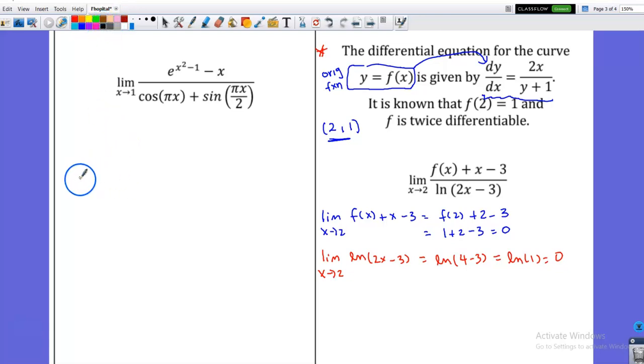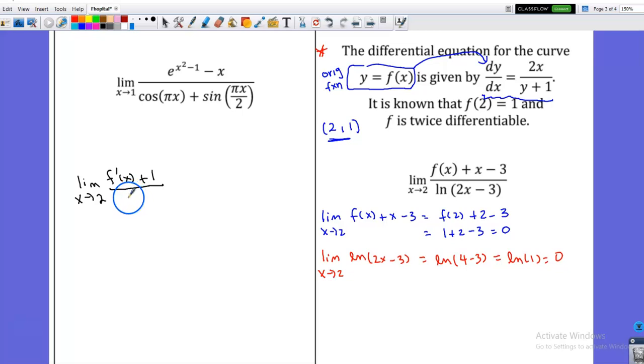I'm going to do it over here. Limit as x goes to 2 of f prime of x plus 1, because the derivative of x is 1. The derivative of negative 3 is 0. In the denominator, u prime over u.